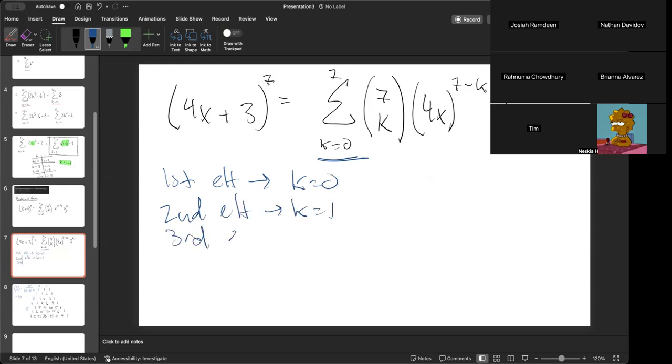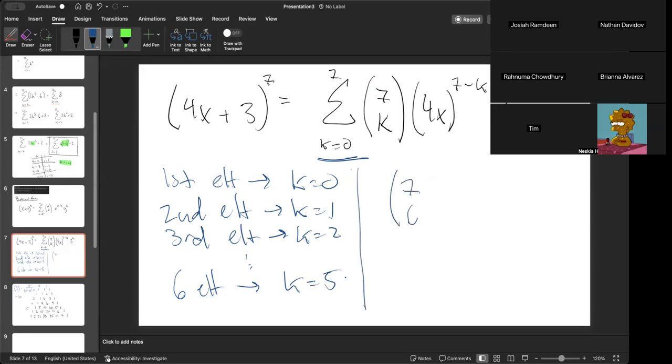The third element is when k is equal to 2. And so the 6th element will be when k is equal to 5. Good. So I'm going to plug that in here. I'm going to say that the element is going to be 7 choose 6, 4x to the 7 minus 6 times 3 to the 6.